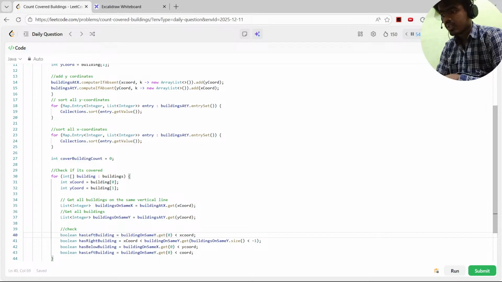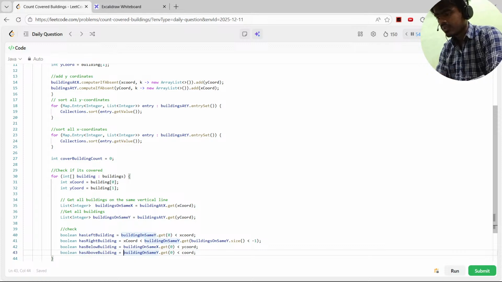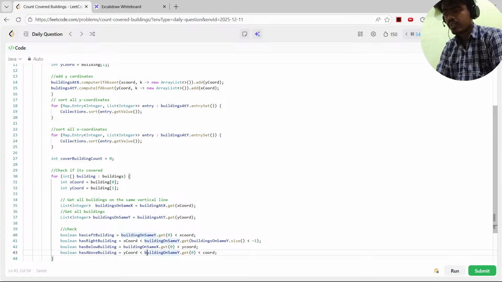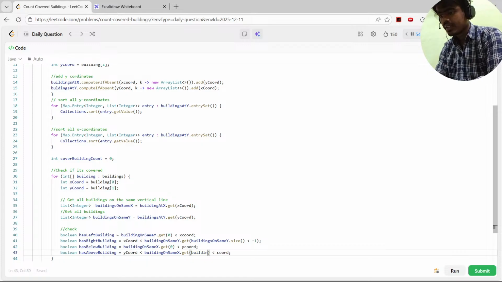So as left and as above, right? So in this y, building on same x, same x dot get building dot size, right?